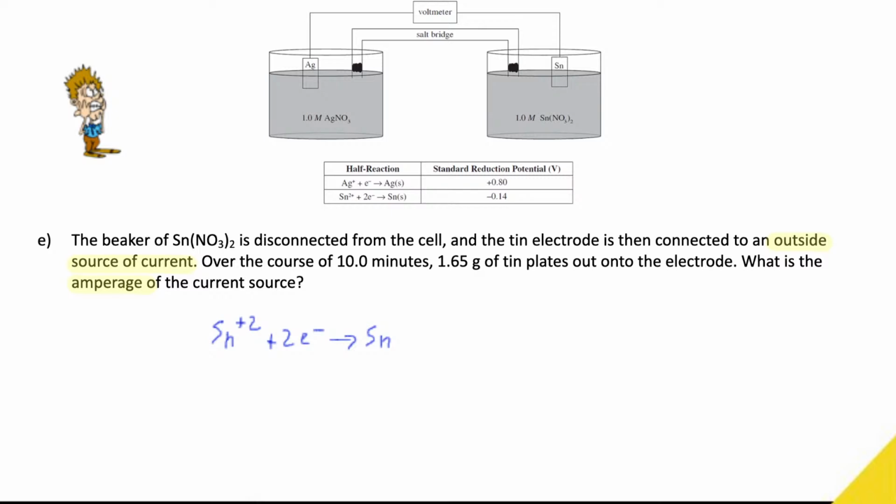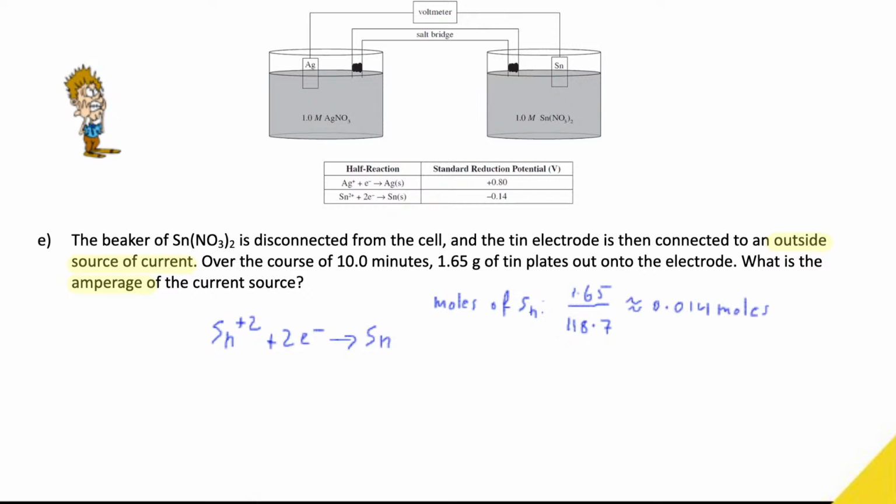Now, whenever I have something like this, and they give me how many grams of tin are formed, if I know how many moles of tin are formed, I can calculate how many moles of electrons were used. So let me start with that. Moles of tin is basically 1.65 divided by the molecular weight of tin, 118.7, which gives me approximately 0.014 moles of tin.